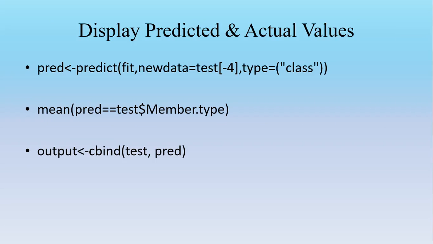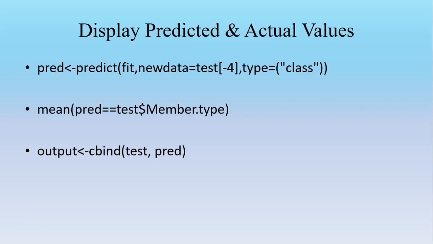Now moving to the next step: display the predicted and actual values. With the help of this code, predict(fit, newdata = test[,-4], type = "class"). What does this line indicate? Here predict gives the prediction from the fitted rpart object.